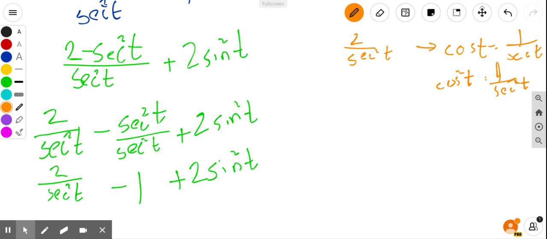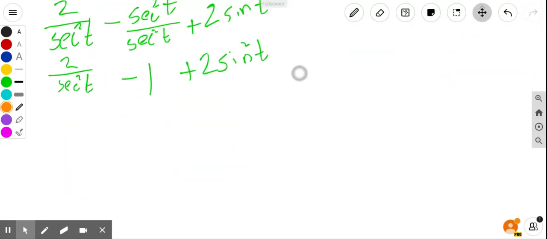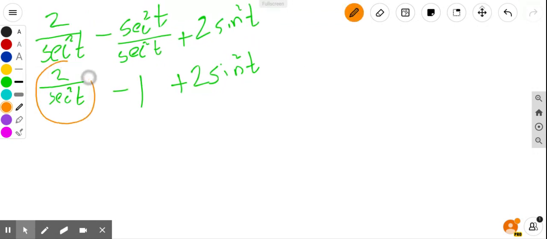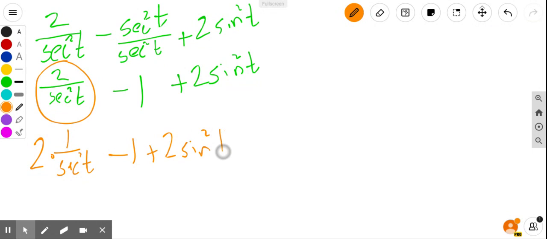But it's not 1, it's 2, so I'm going to think about replacing this right here as 2 times 1 over secant squared minus 1 plus 2 sine squared of t. And I know that's going to be 2 cosine squared of t minus 1 plus 2 sine squared of t minus 1. Okay.